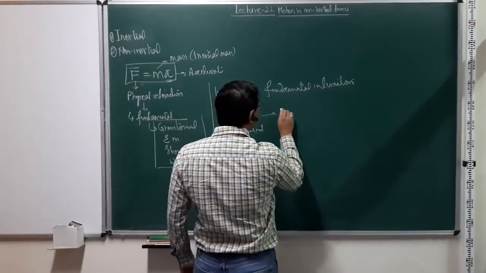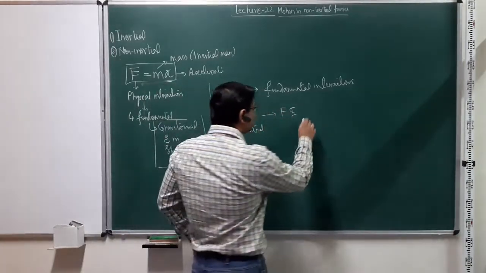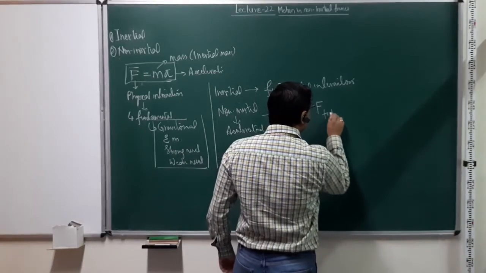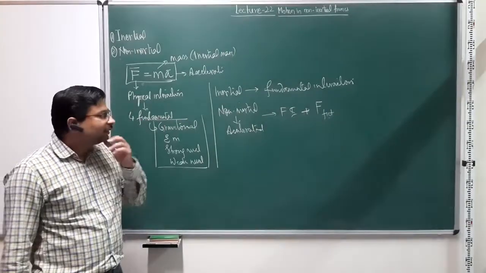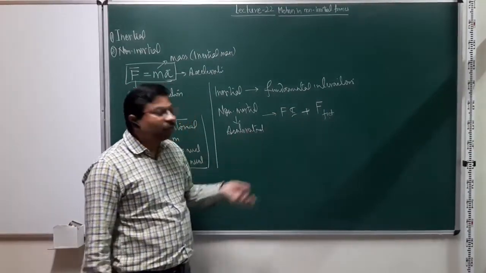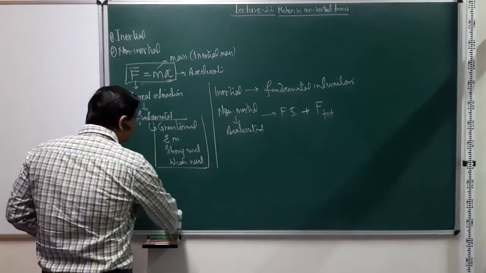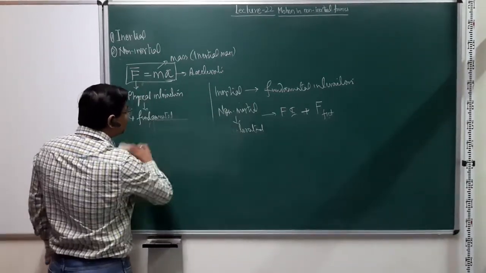So this will have fundamental interactions, plus additionally there will also be effects which seem fictitious to us, so they are called fictitious, and that is the effect of the acceleration of the frame of reference. Right?